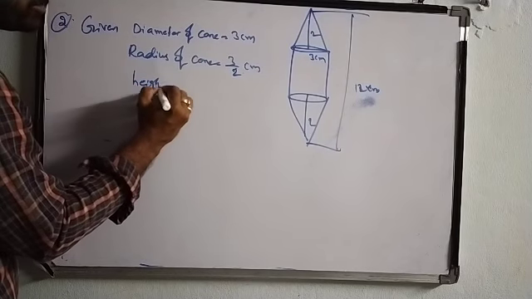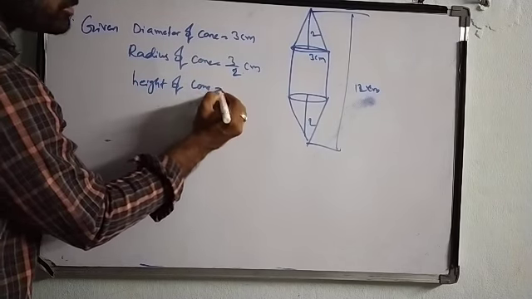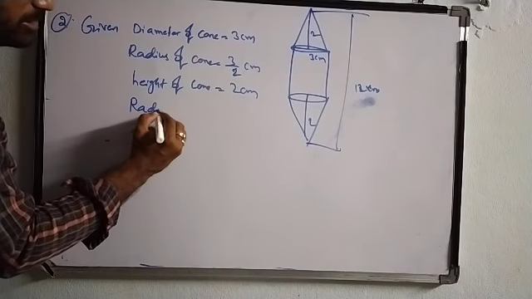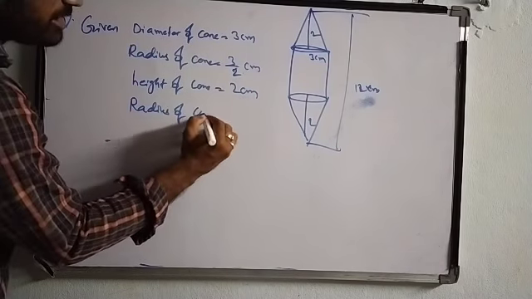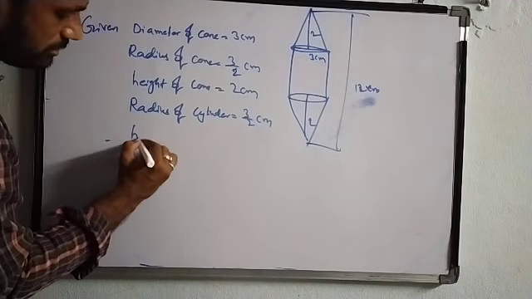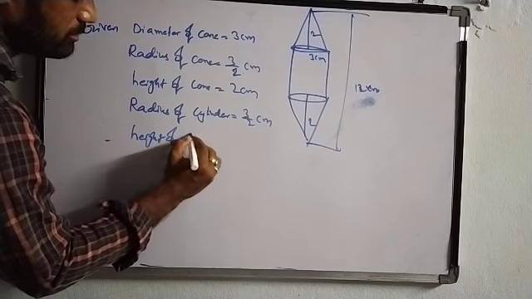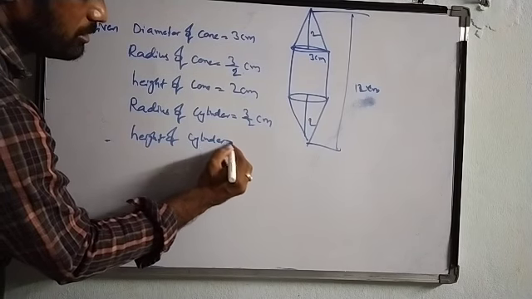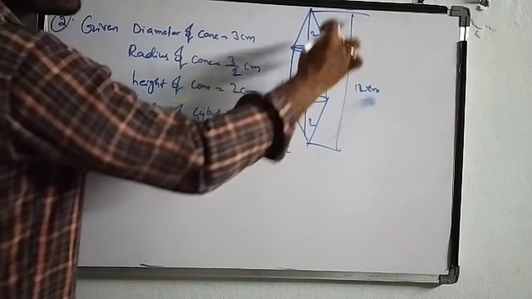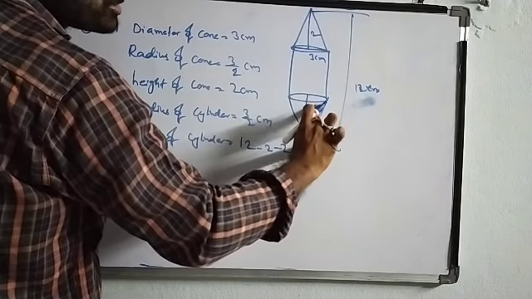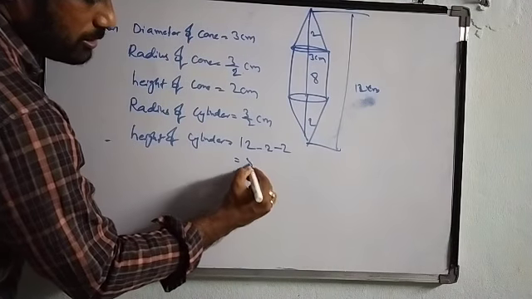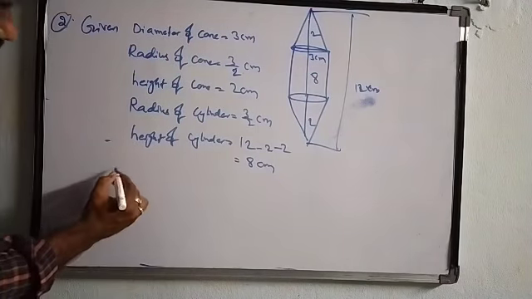Height of cone 2 centimeters, radius of cylinder also 3 by 2 centimeters, height of cylinder is 12 minus 2 minus 2. Why? Because on the top 2 centimeters and on the bottom also 2 centimeters I need to subtract. So it will be 8 centimeters, the height of the cylinder.